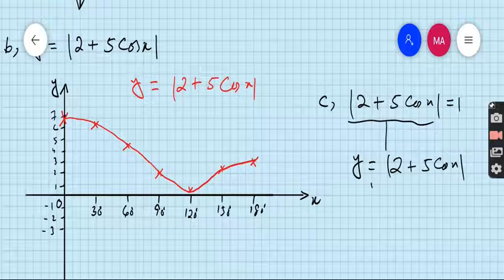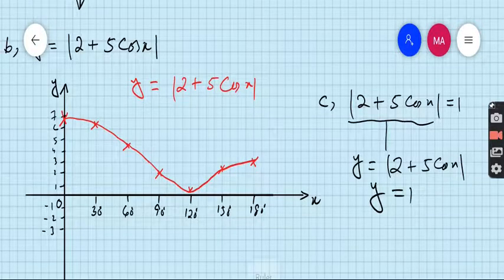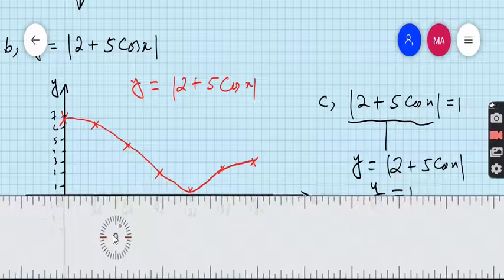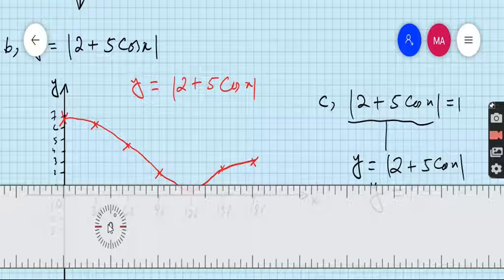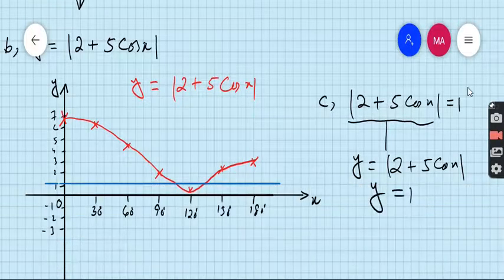If you compare, you will see that y is equals to 1. So draw a line y is equals to 1 on this graph. I am using a blue pen. Now check at how many points the two graphs cut each other. This is one point and this is the second point.